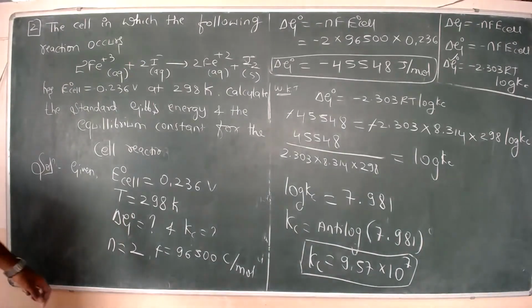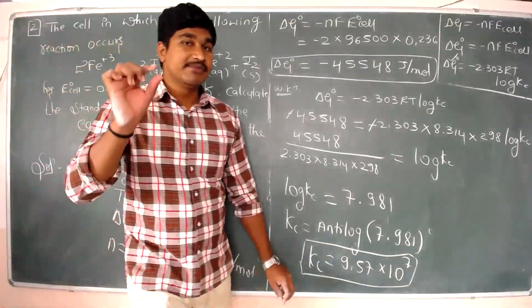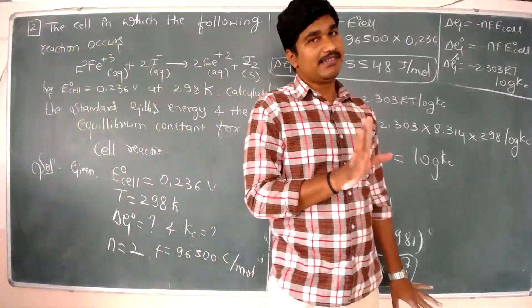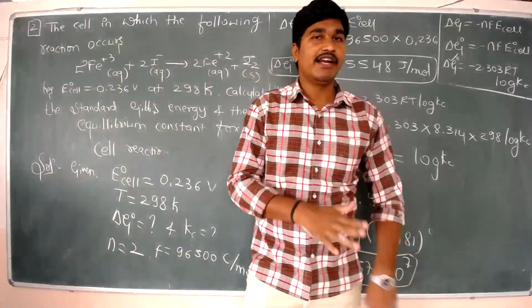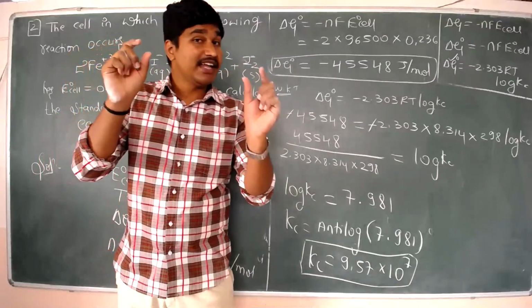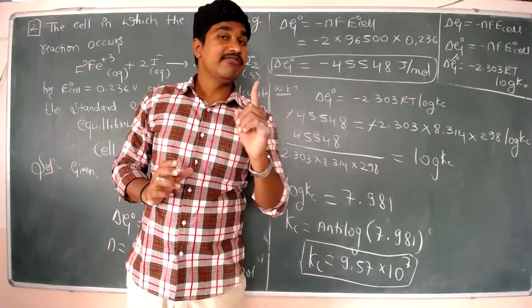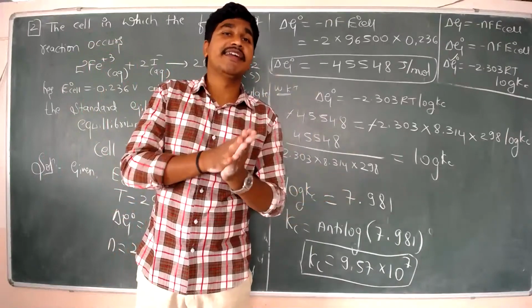Now, once again, today we have discussed Gibbs free energy and the electrochemical cell. First, we derived the relation between Gibbs free energy and the electrochemical cell, that is delta G is equal to minus nFE cell. For that, work done is required.